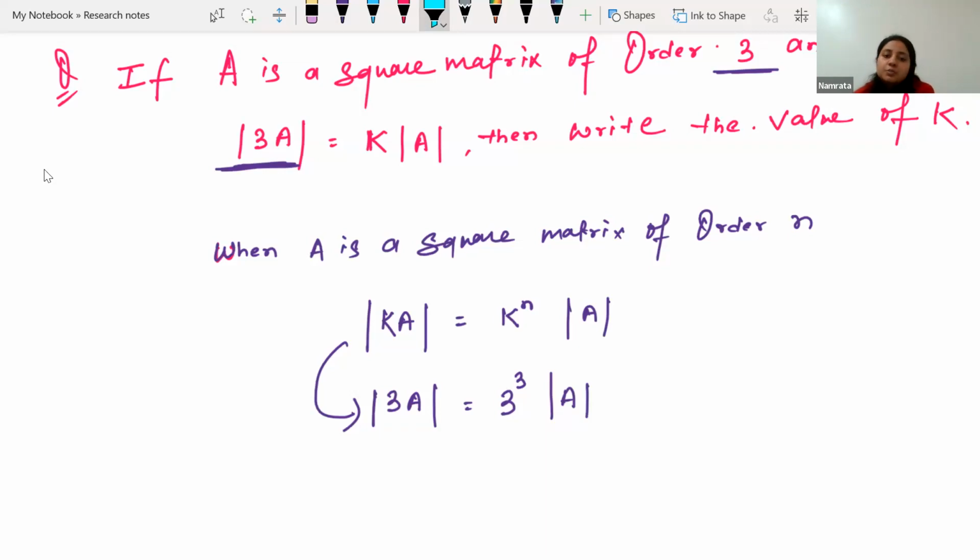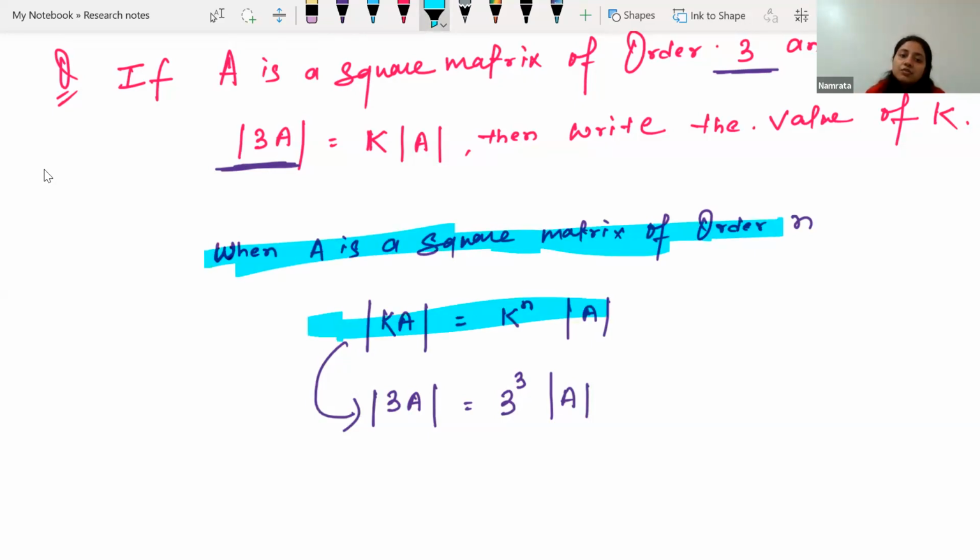This is the property I have written, it was nowhere given in the question. According to the property I have expanded it. So can I say it will be 3 to the power 3 and then determinant of A? Yes or no?